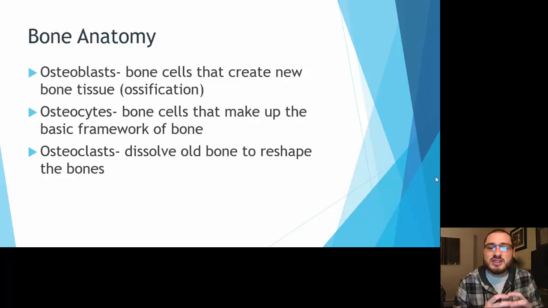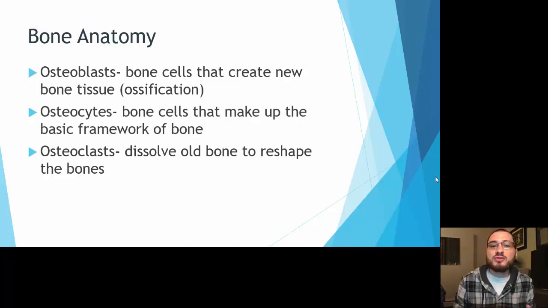So you have your osteocytes, which are really our bone cells, but then you also have your osteoblasts, which make new bone tissue, and your osteoclasts, which get rid of old bone tissue and help us reshape our bones as we put more stress on them and want to make them more adapted to what we're doing with them.